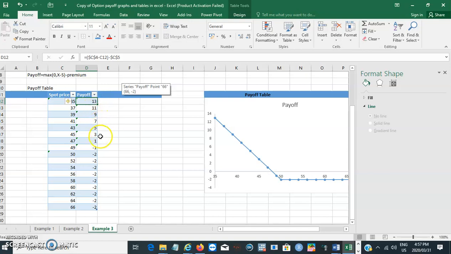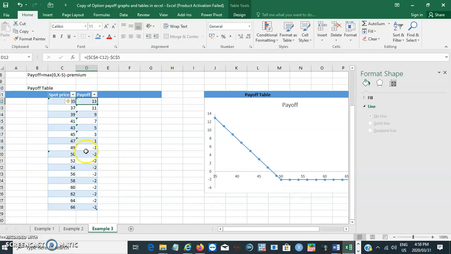So I get positive payoffs when the spot price is lower than the exercise price, and I get the negative payoff, which has a ceiling of 2, when the spot price is greater than the exercise price.